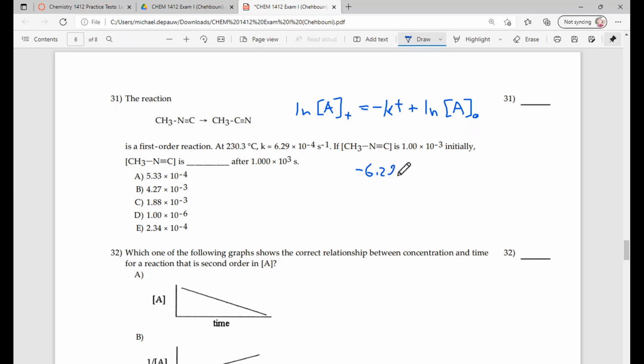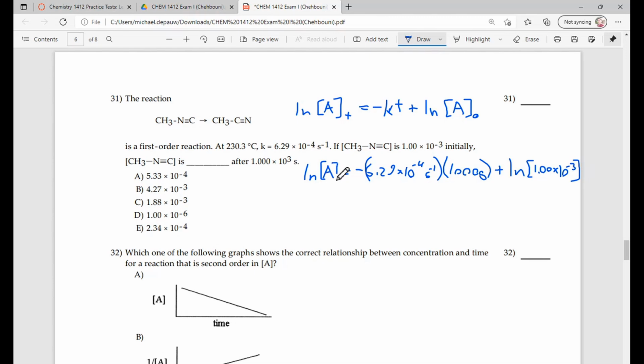Negative kt means it's negative 6.29 times 10 to the negative 4th seconds to the negative 1 times 1,000 seconds, plus the natural log of A initial, the initial concentration, and that's equal to the Ln of A at time t.